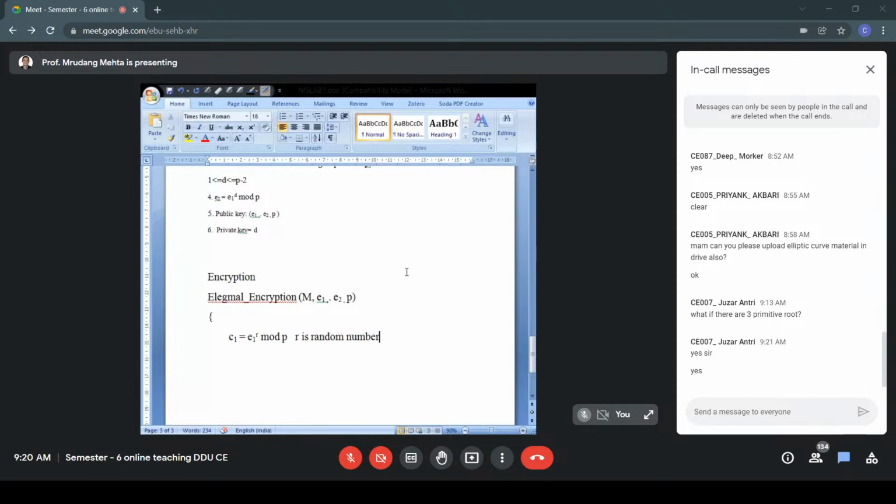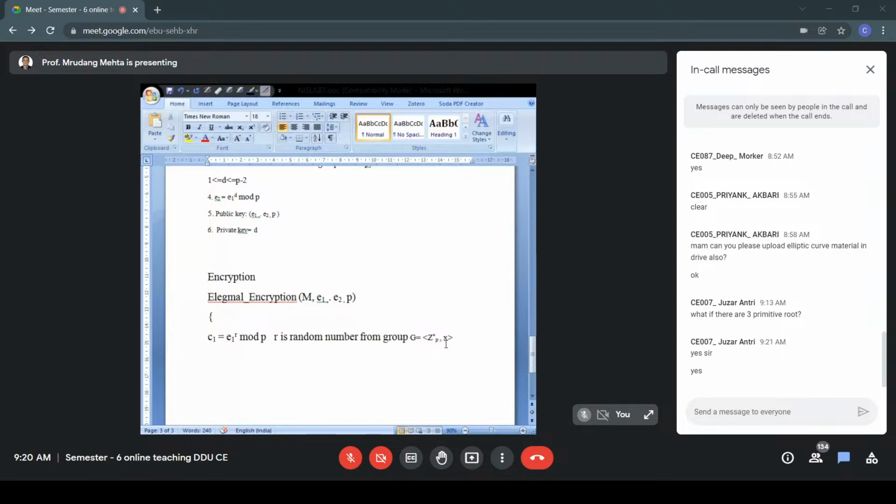The group G, Z_P star, from the same, one of the members is randomly taken. And with the help of that, we generate C1. C1 is one ciphertext, and that is going to be used for decryption purpose.